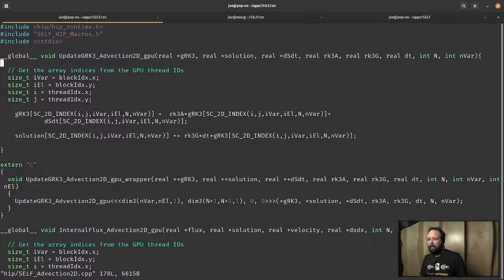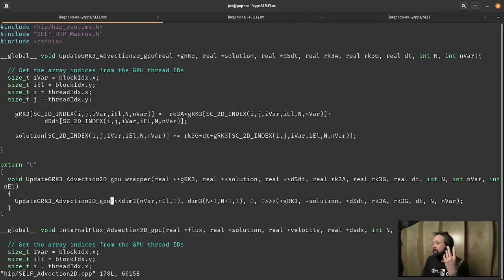And we wrap that with what I call a wrapper, because all it's supposed to do is accept the arguments as pointers and then launch that kernel, using that familiar chevron syntax from the earlier CUDA language that HIP was designed to mimic, but give you the portability to go between GPUs of different vendors.